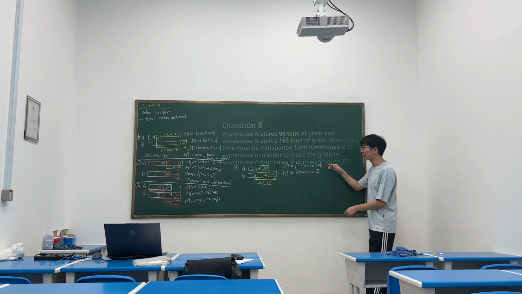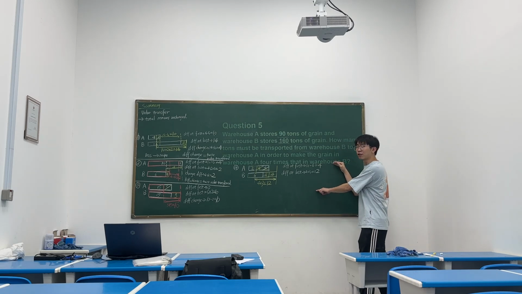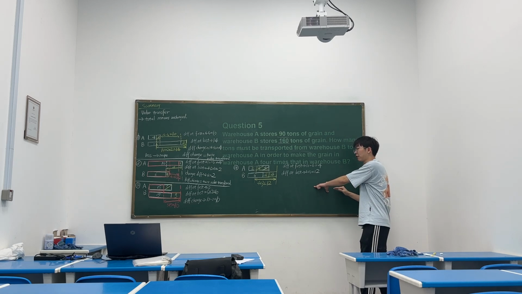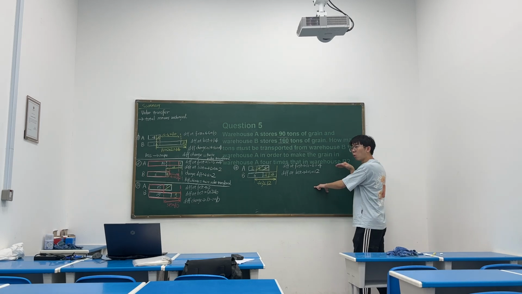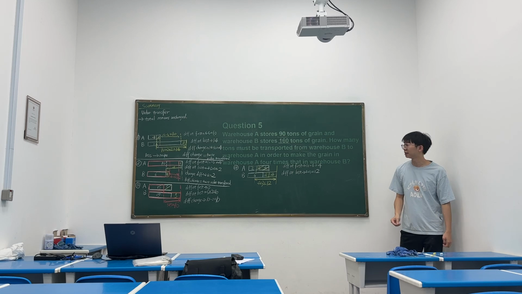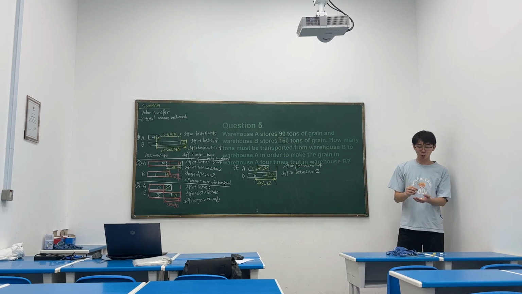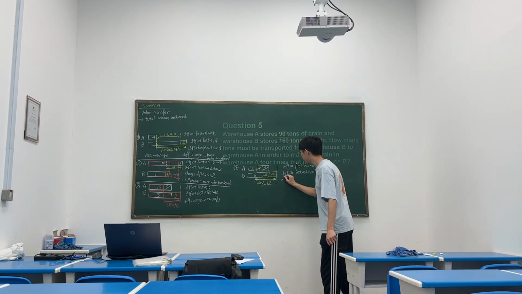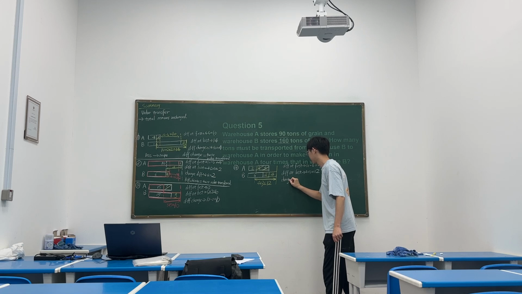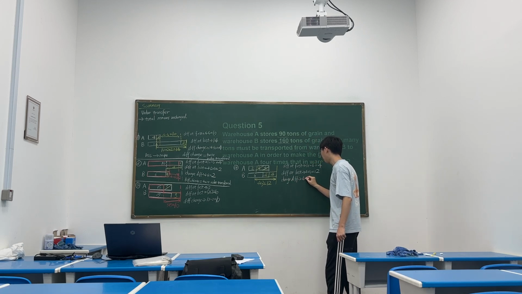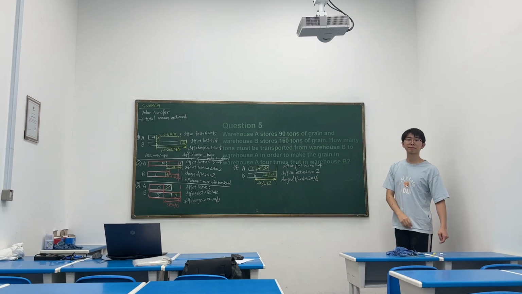So you see, at first A is more than B. Now not only will A not have 4 more than B, but this time A will have 12 less than B. So what is the change in the difference? 4 plus 12. So the change in difference equals 4 plus 12 equals 16.